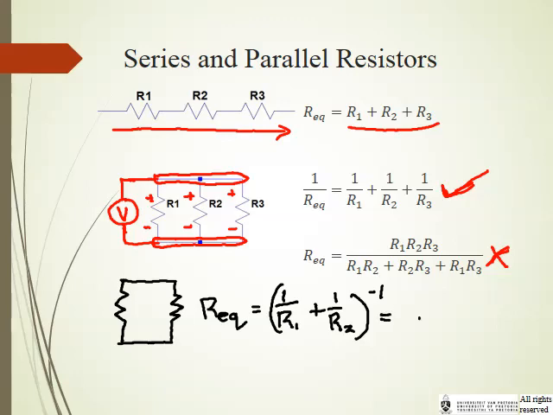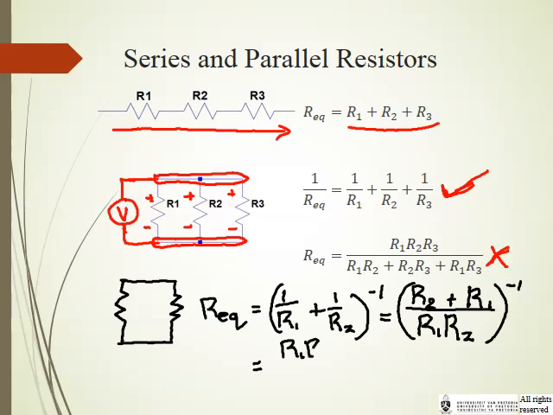In terms of fractions, to get to the same denominator, I need to multiply the two denominators, and at the top then I can write R2 plus R1, but still we have to take the inverse of this, which gives me the final result of the product of the two resistors divided by the sum of the two resistors.